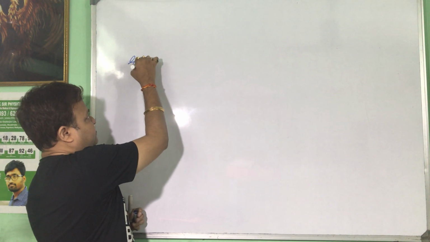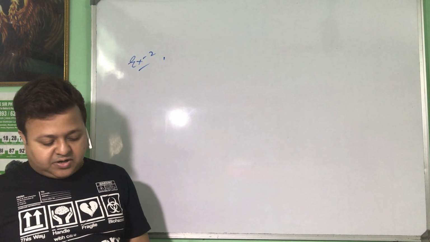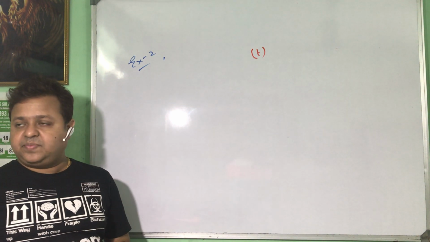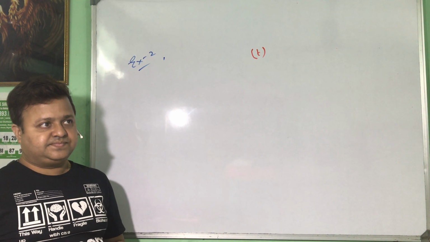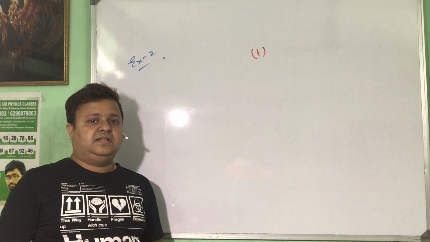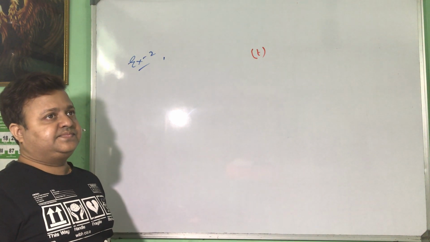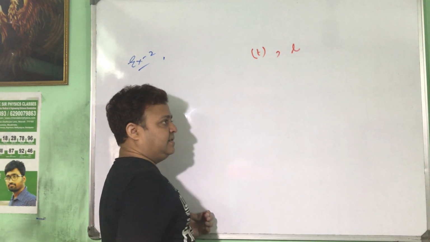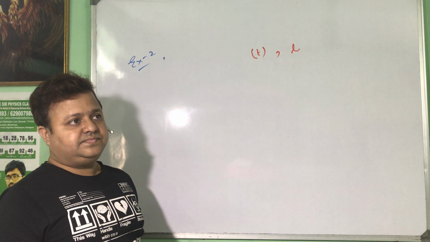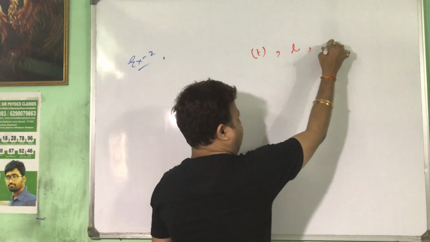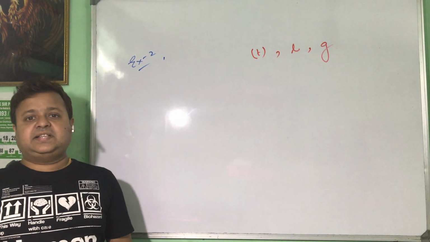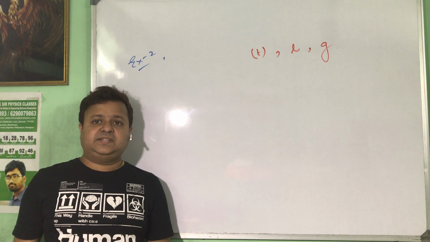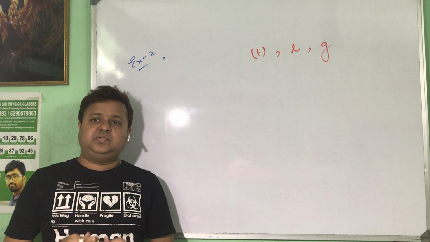Next example. Write down. The time period of a simple pendulum, within brackets small t, depends upon the length of the pendulum, small l, and the acceleration due to gravity, small g.